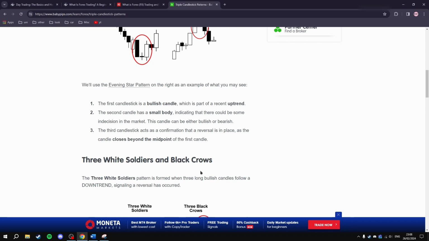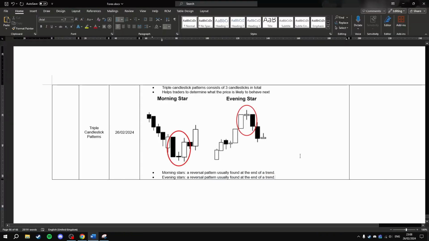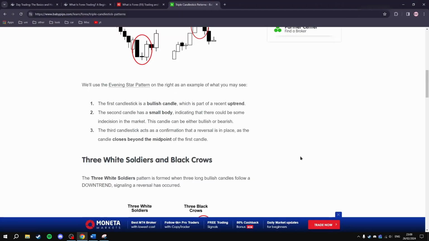The first candlestick is a bullish candle, which is part of a recent uptrend.